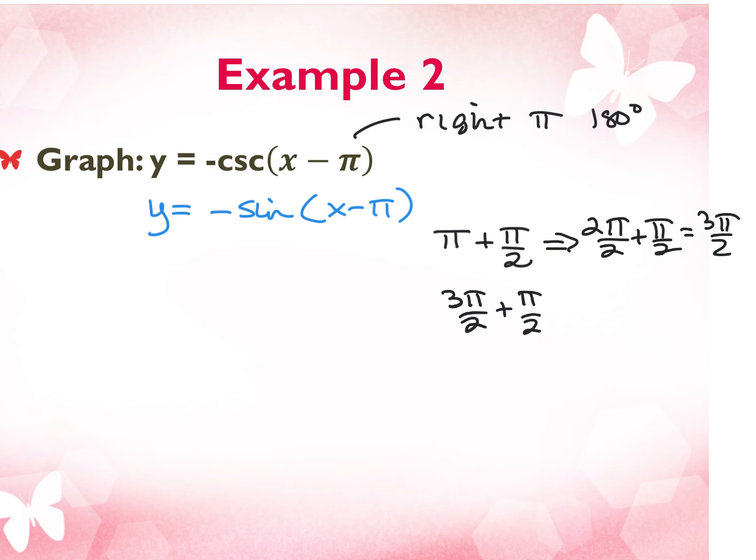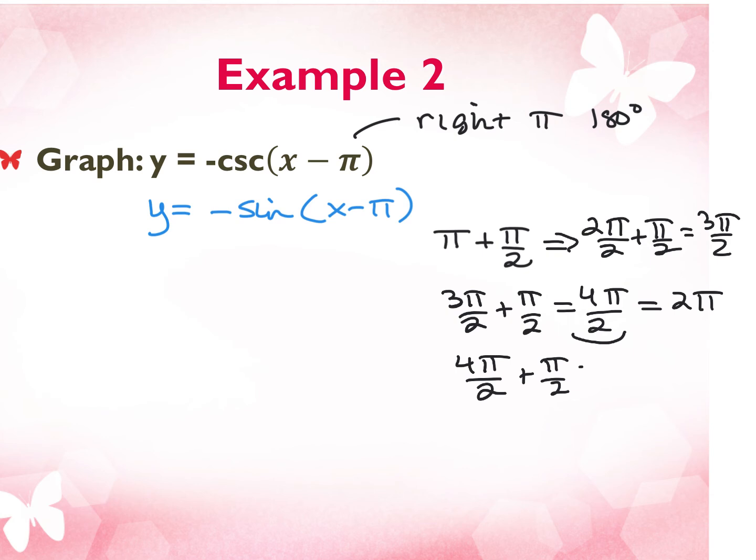I need 4 points that are going to be to the right of pi and 4 points to the left of pi. So once I add this, I get 4 pi over 2, which reduces to 2 pi. Now remember, I could use 2 pi and add pi over 2, but then I have to go back and find a common denominator. So remember, I'm going to take the unsimplified fraction to add the pi over 2.